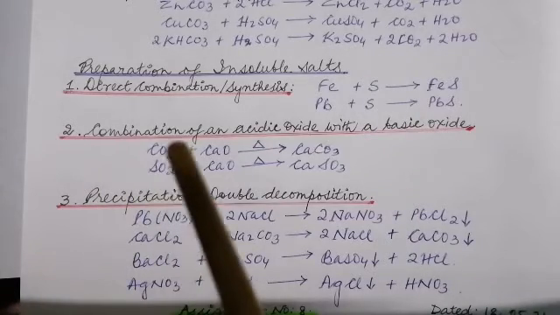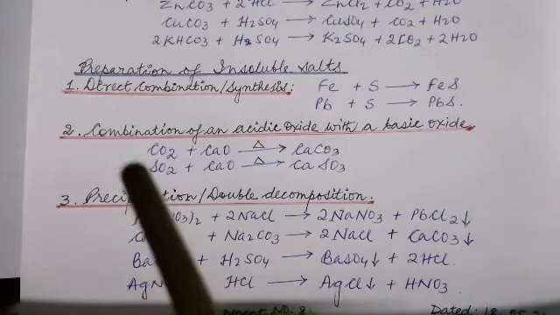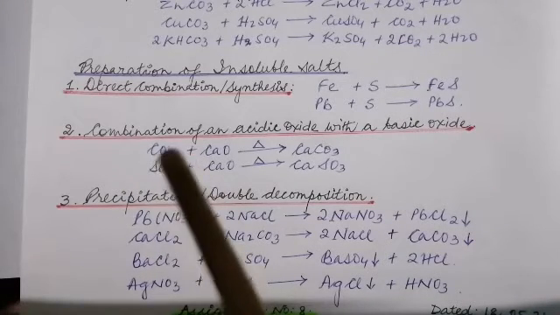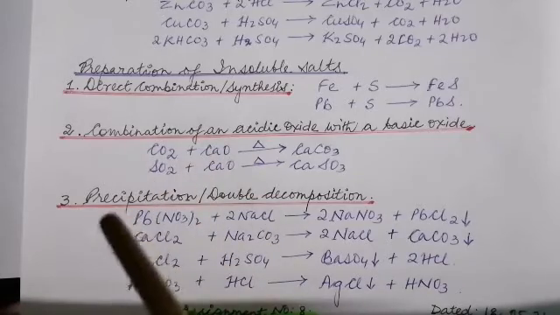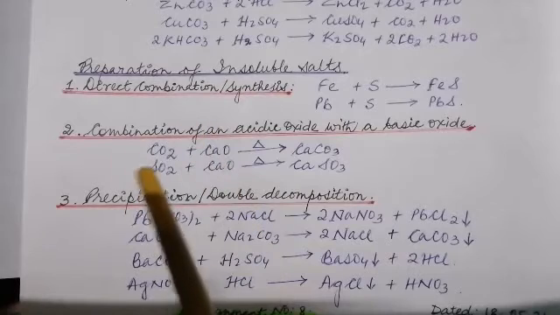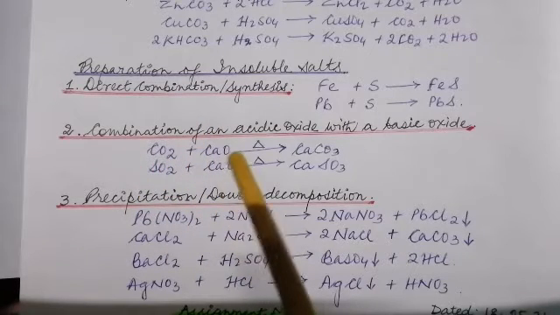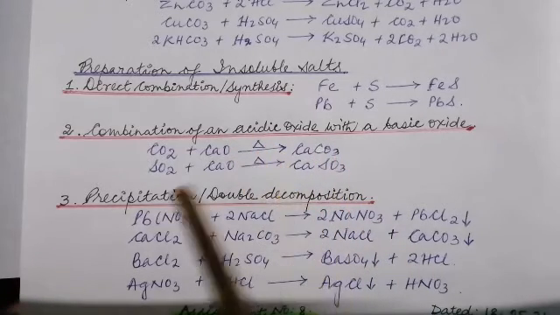Number 2, combination of an acidic oxide with a basic oxide. Acidic oxides are generally non-metallic oxides like carbon dioxide, sulfur trioxide, whatever it is. Now, carbon dioxide reacts with a base, that is calcium oxide, to give you calcium carbonate on heating.